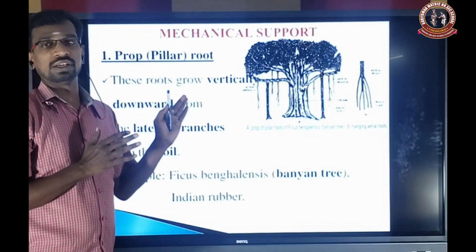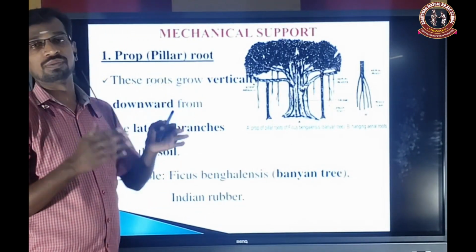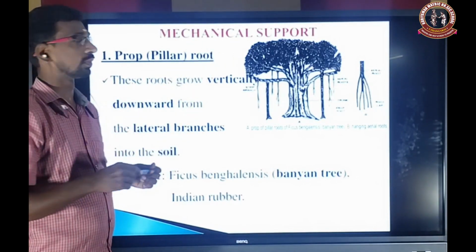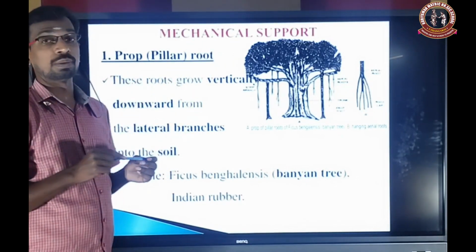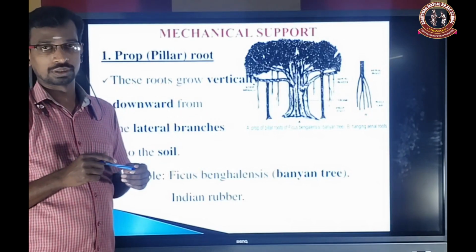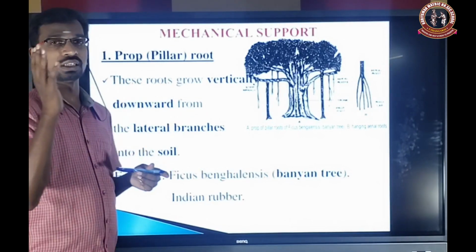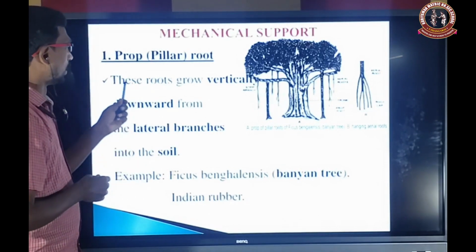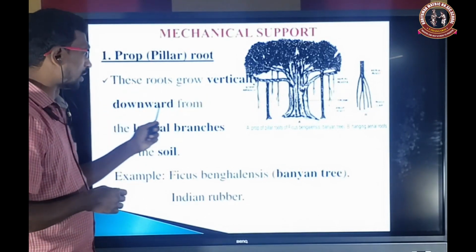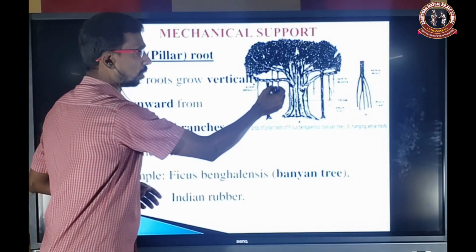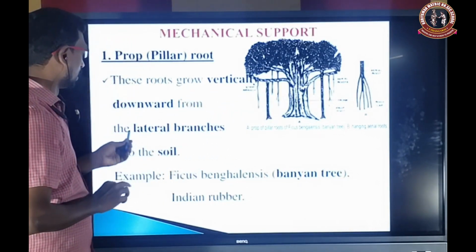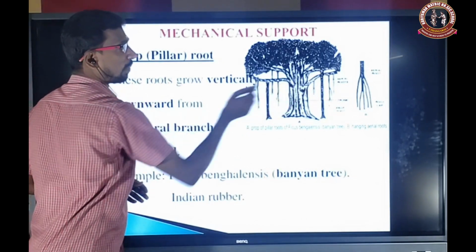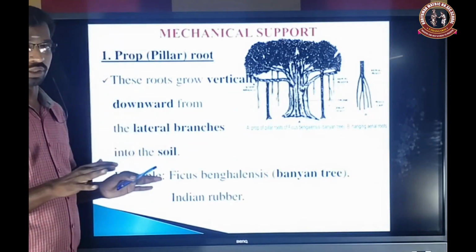And finally, we move to the second type of adventitious root modification, that is mechanical support. Prop roots or pillar roots. They act as an additional support to the plants. These roots grow vertically downwards from the lateral branches into the soil.